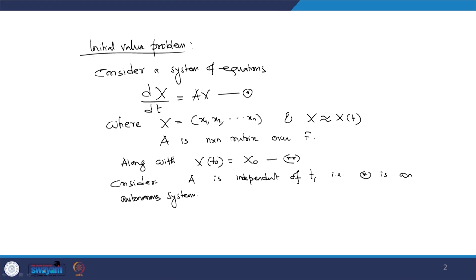While finding the solution in our theory of ODE, we have seen that we have used the concept of generalized eigenvector. So, you will see that the primary decomposition theorem is used there to find the general solution of the system star, specifically when the system is autonomous.